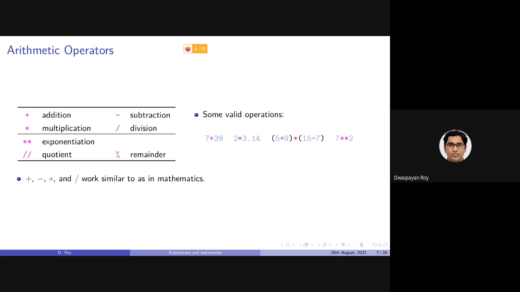Of course, there are the addition, subtraction, multiplication, and division operators available in Python, which are similar to those in mathematics. Plus is for adding two values, star is for multiplication, minus for subtraction, slash for division.